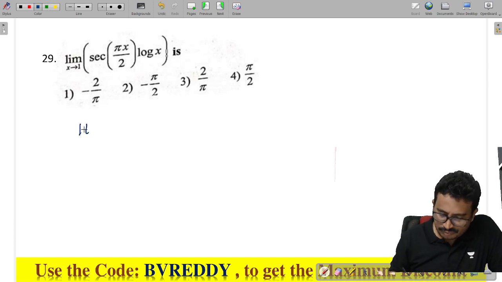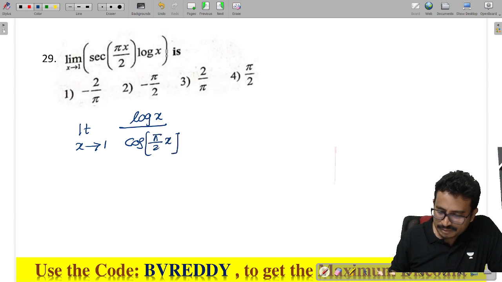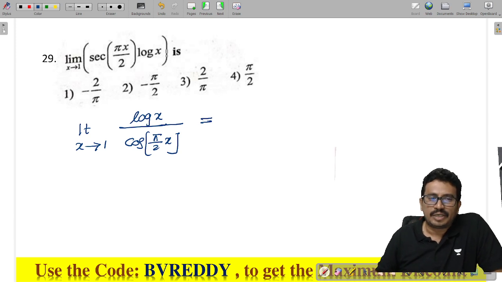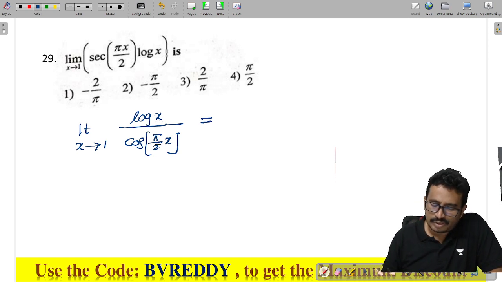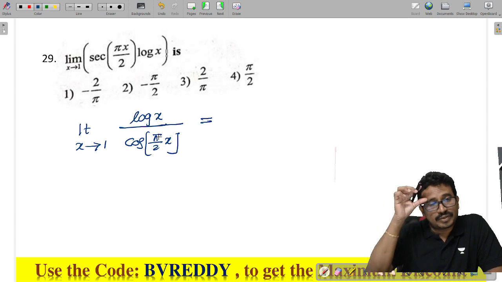So for this, I am doing limit x tends to 1, writing this as log x by cos pi by 2x. Right. Now this is a 0 by 0 form. Log 1 is 0, and cos pi by 2 is what? Tell me, 0.